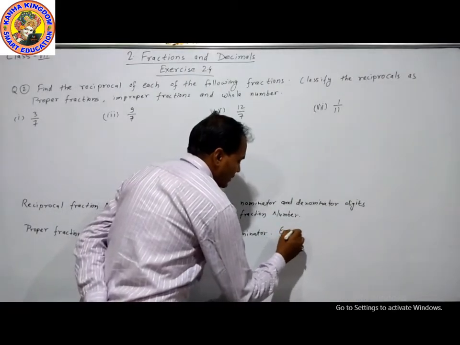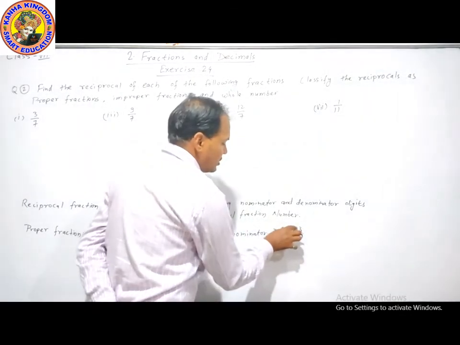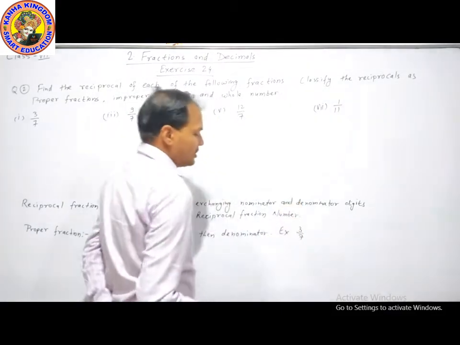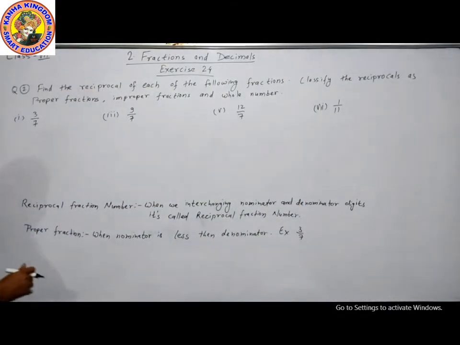For example 3 by 7, 3 is numerator, 7 is denominator, numerator is less than denominator. This is our proper fraction.